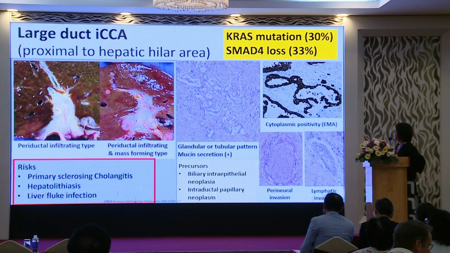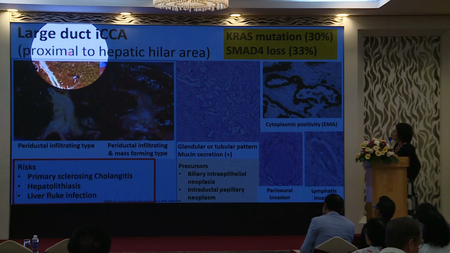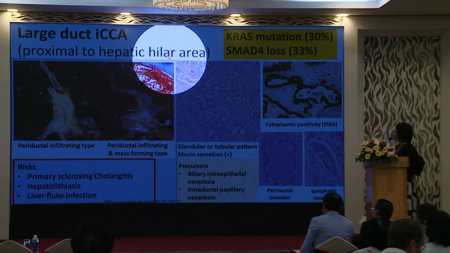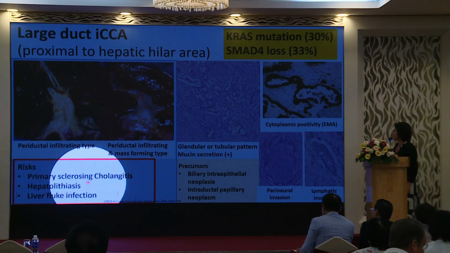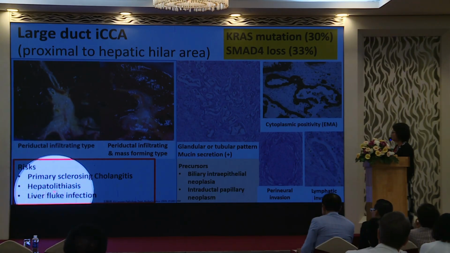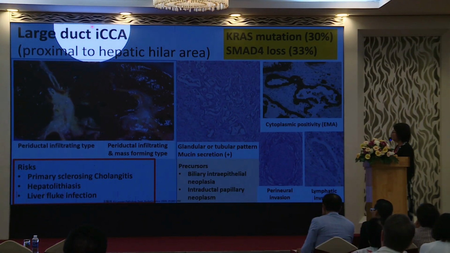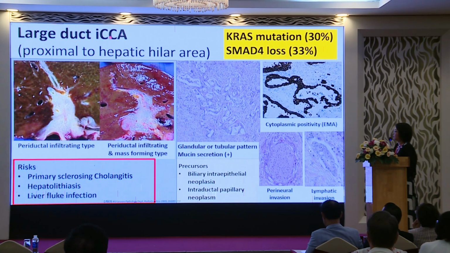And this is a kind of summary of large duct type ICCA. So the cancer is developing from the large bile duct. So the tumor location is usually proximal to the hepatic hilar area. And then as a risk factor, chronic inflammation such as primary sclerosing cholangitis or hepatolithiasis or liver fluke infection are known as risk factors for the large duct type ICCA. And this cancer is developing from the chronic continuous inflammatory condition of the bile duct.